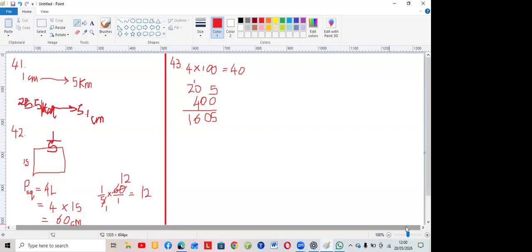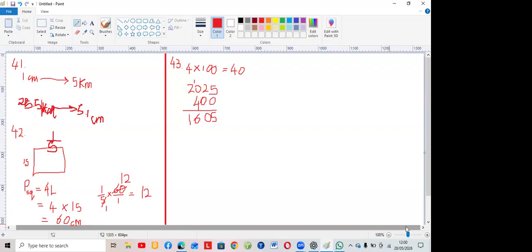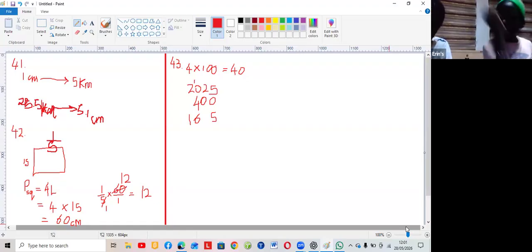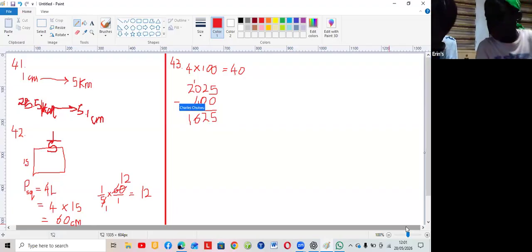You're the one that told me 2005. I said 2025. I didn't say 2005. Okay, no problem. I don't hear you. That's where we get the trouble from. So yes, 1625. Is there an option there that says 1625? Yes, sir. Okay, have you written it down?